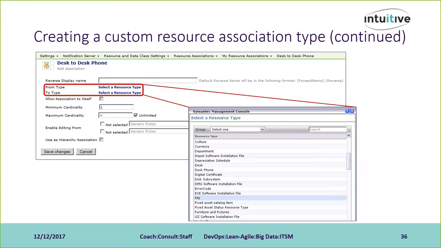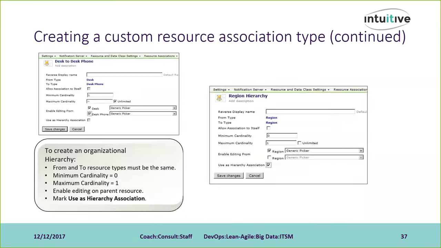So we're almost there. Next up, we would mark the resource types where the resource association can be created and select the mechanism style to create the resource association. If you mark the parent resource, when you edit the parent resource, the forward resource association is displayed and can be created.